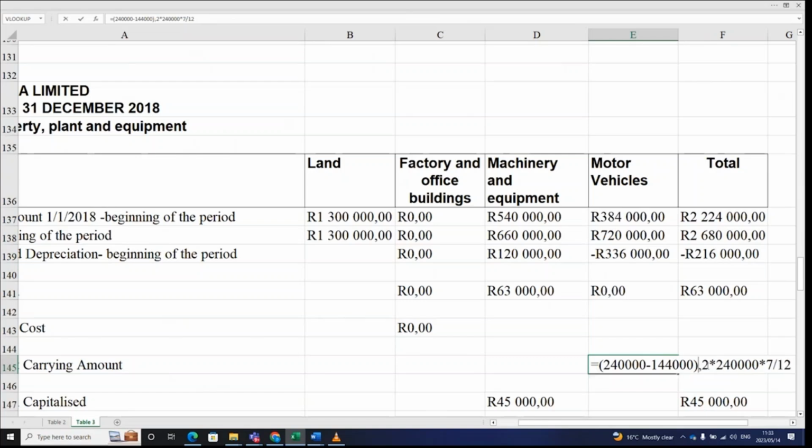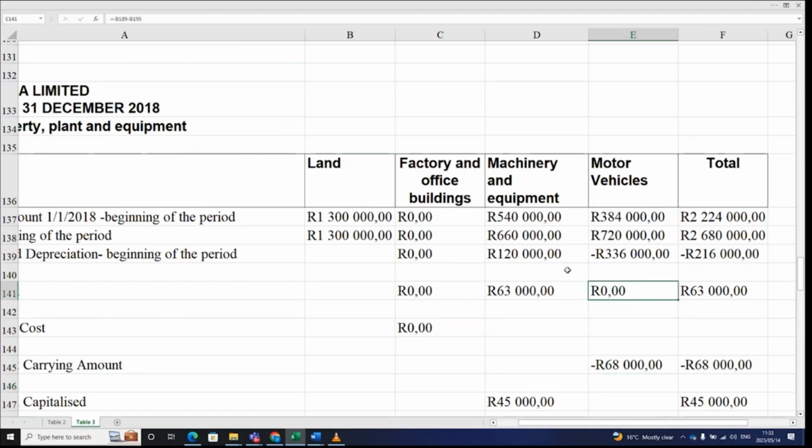So cost minus accumulated depreciation minus depreciation until the asset was sold gives us then the carrying amount of the asset. Okay, right, and that must be a negative because it's going out. Okay, right.